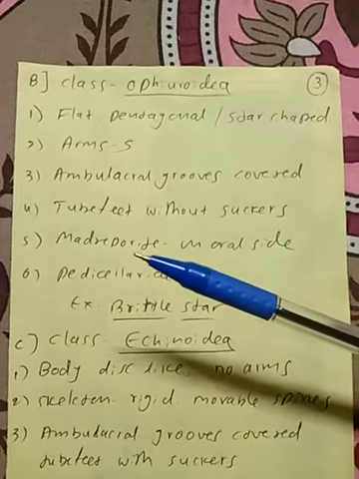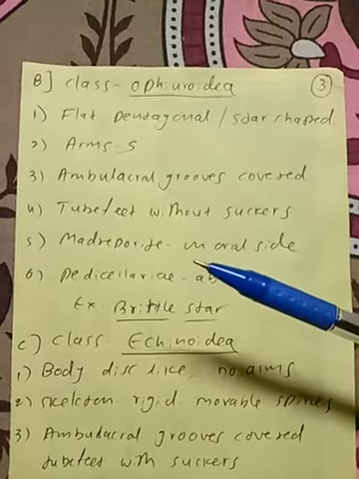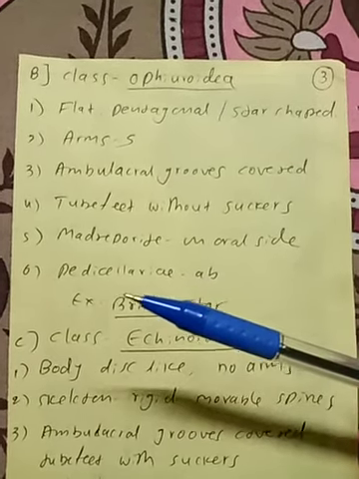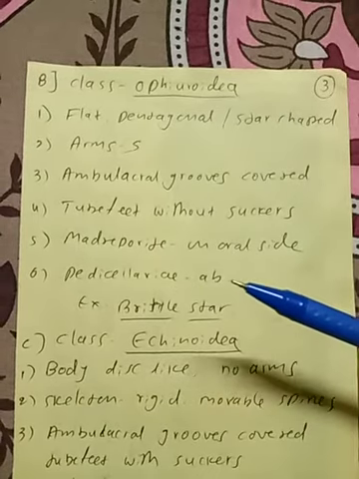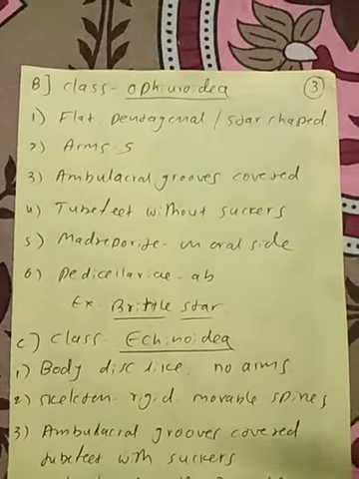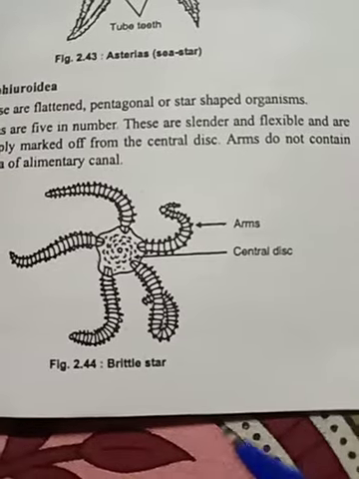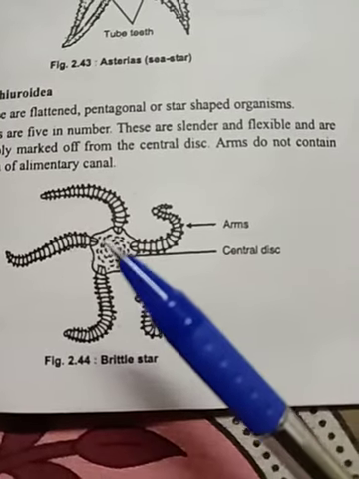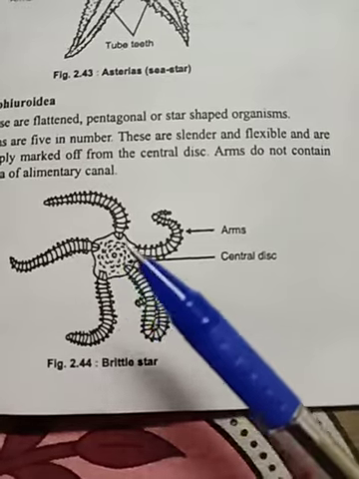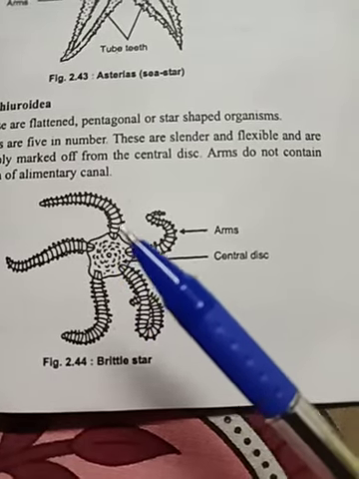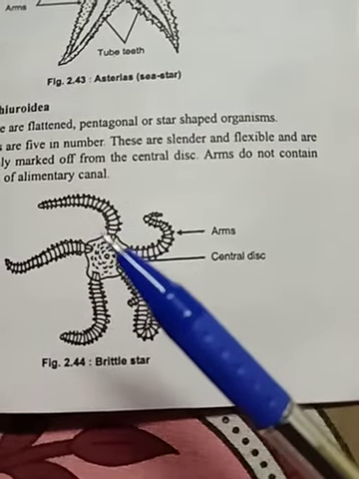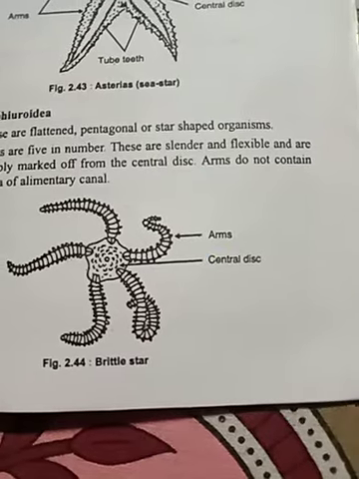The presence of madreporite on the oral side and pedicellariae are absent. Example, brittle star. You see the example, that is brittle star. At the center there is a central disc from which arise the arms.